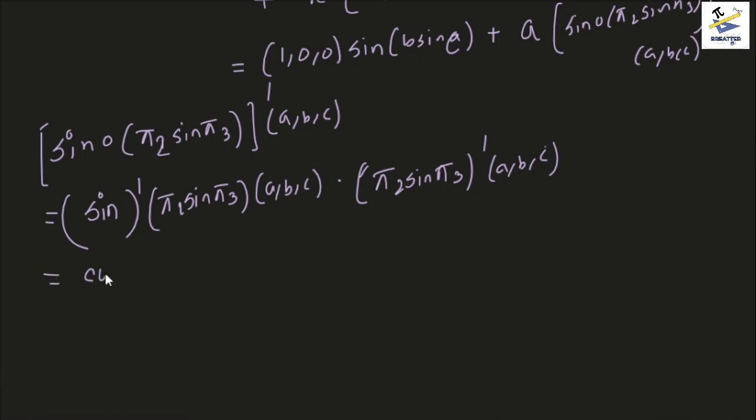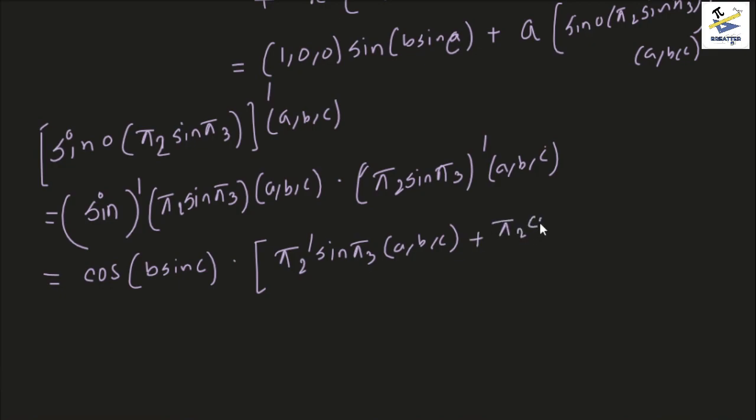Now this is basically cosine of b sine c multiplied by, now the derivative of pi 2 sine pi 3 would be just pi 2 prime into sine pi 3 at the point ABC plus pi 2 into cosine of pi 3 into pi 3 prime at the point ABC.